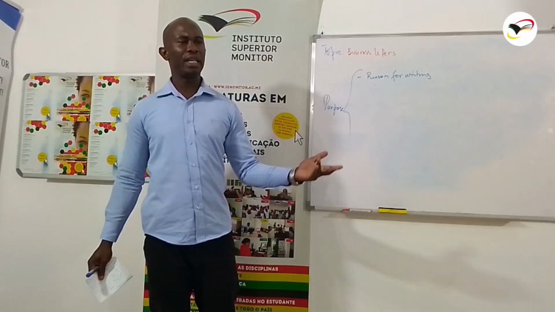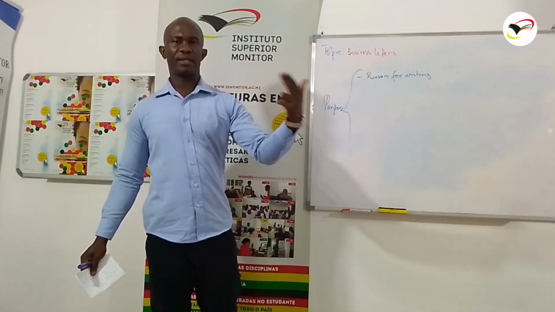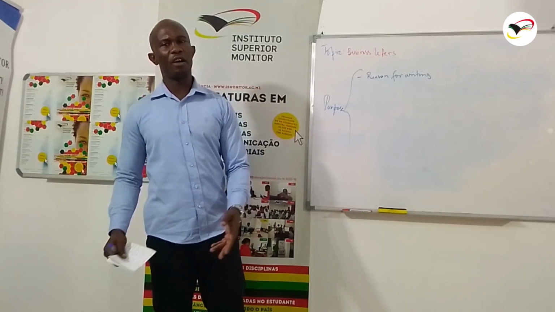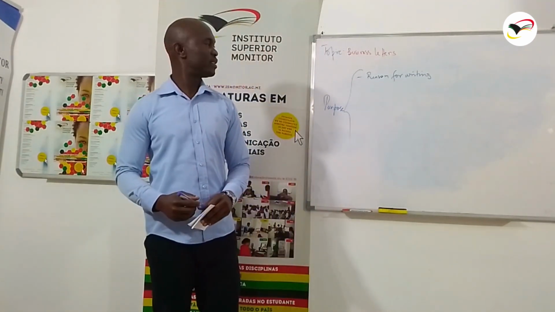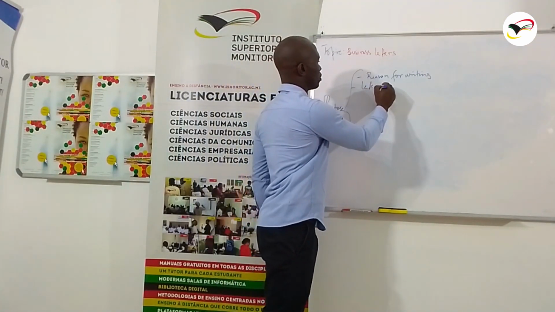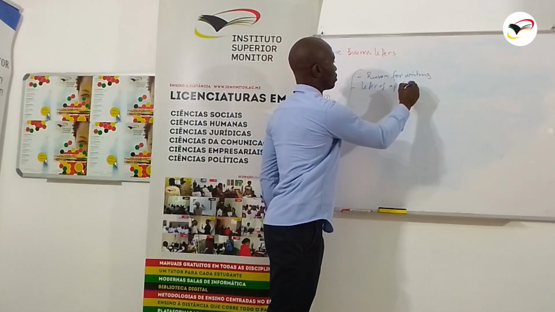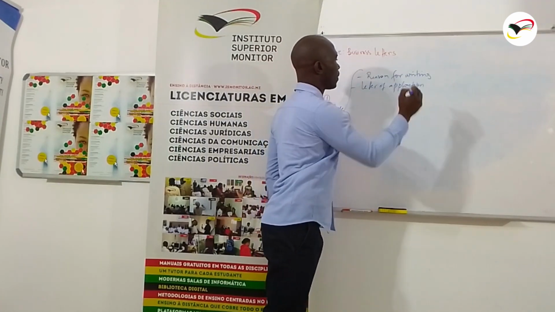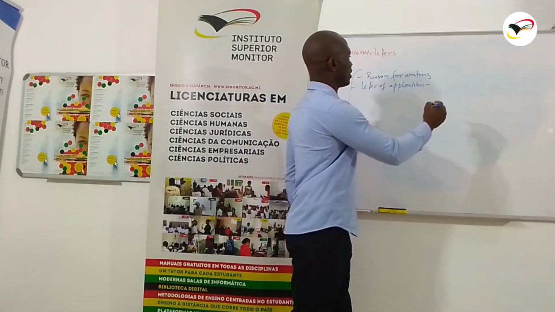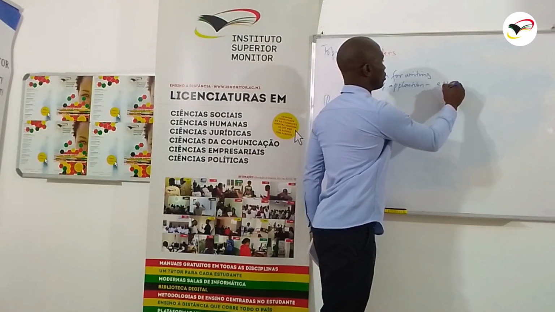We can write a business letter to make an adjustment to a letter of complaint. So depending on the purpose for writing, we can have numerous types of business letters. Let's look at some. We can have a letter of application when the purpose is to apply for a job.